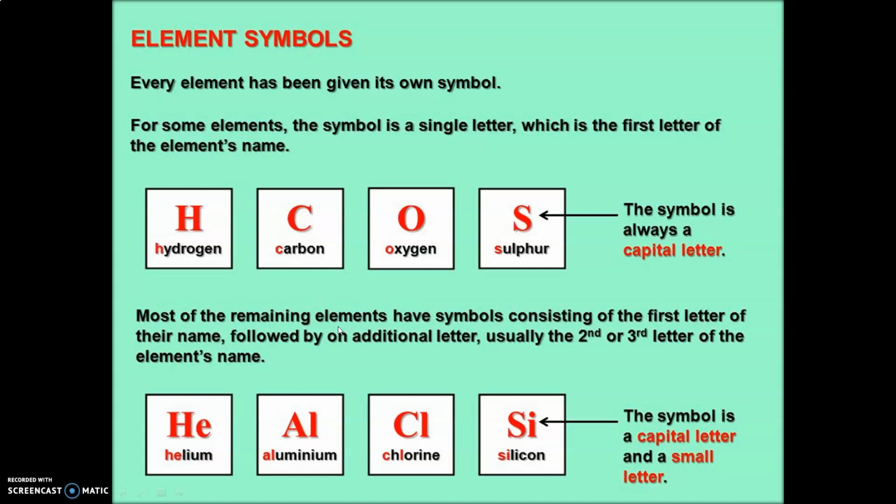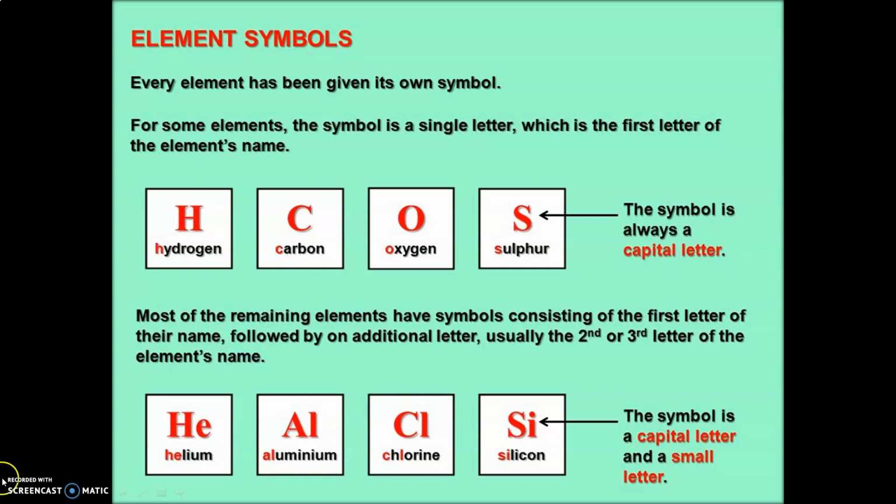Now it is very difficult to denote them with their original names. So you know very well that symbols have been originated from their Latin names. Latin names have been used to denote symbols.